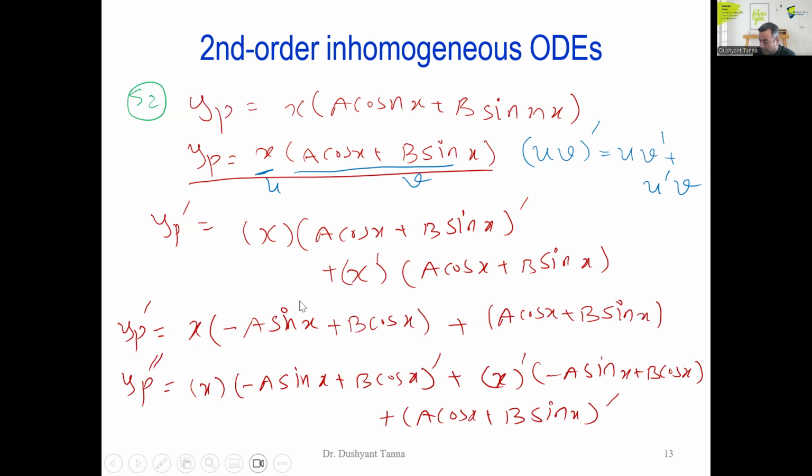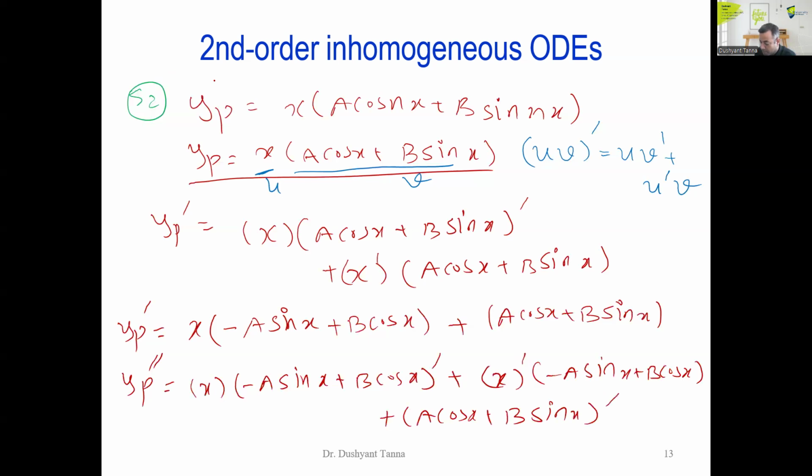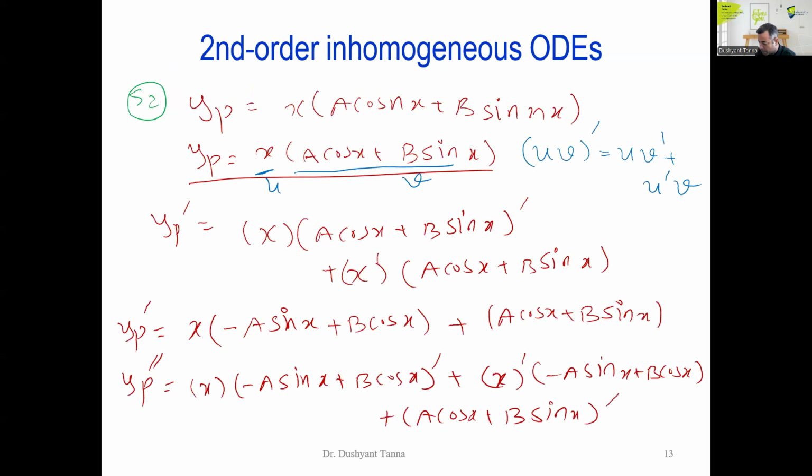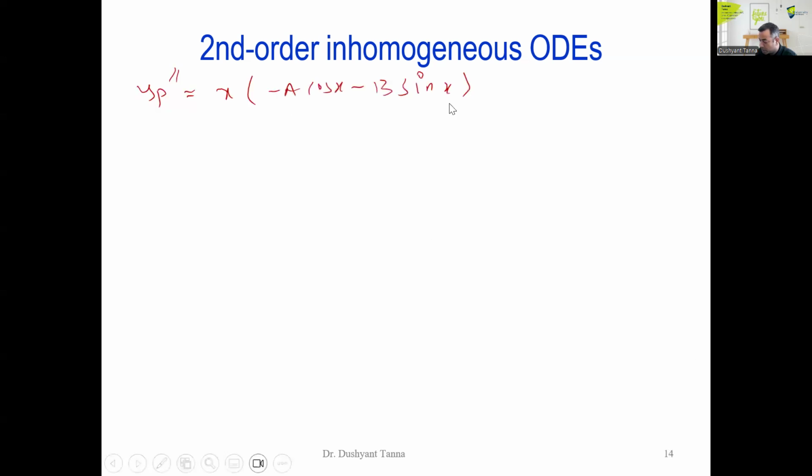And therefore, my yp double dash, x as it is, minus A sine will be minus A cos, this is minus B sine. Right? x dash will be 1. So that will be minus A sine plus B cos.